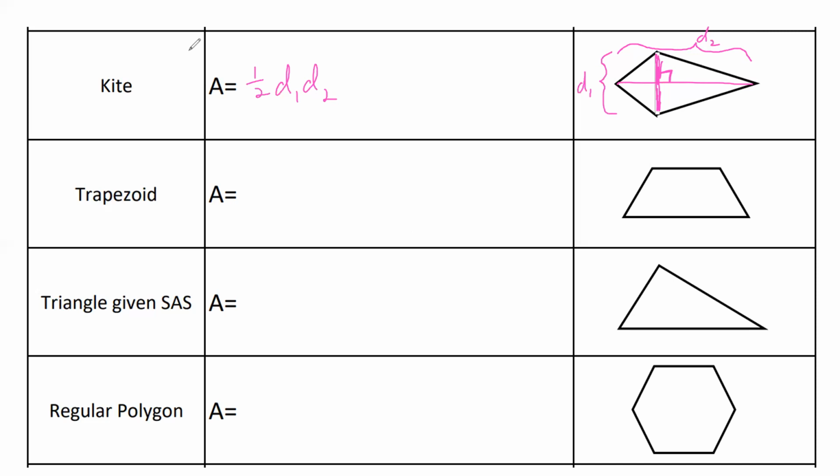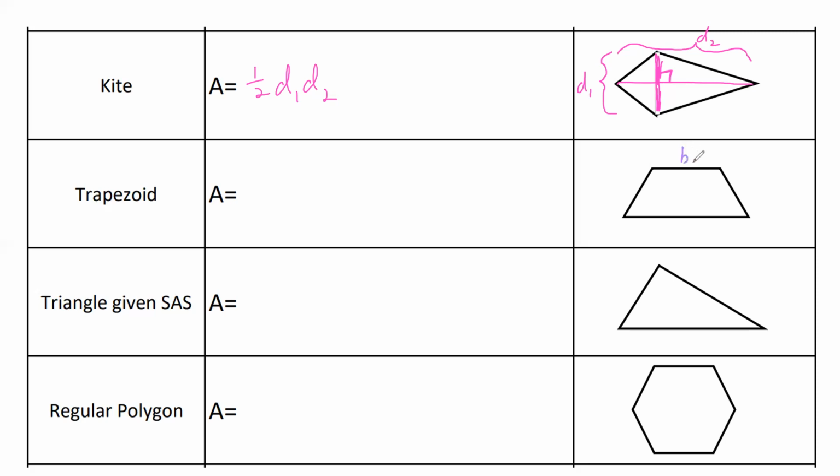All right, trapezoid. Anybody want to take a guess as to our formula for a trapezoid? So what parts do we have so far in a trapezoid? So on here, what's our base in our trapezoid? Yeah, B1, B2.